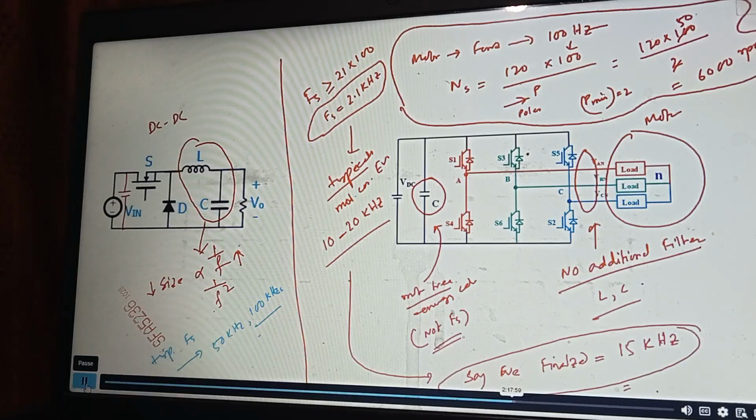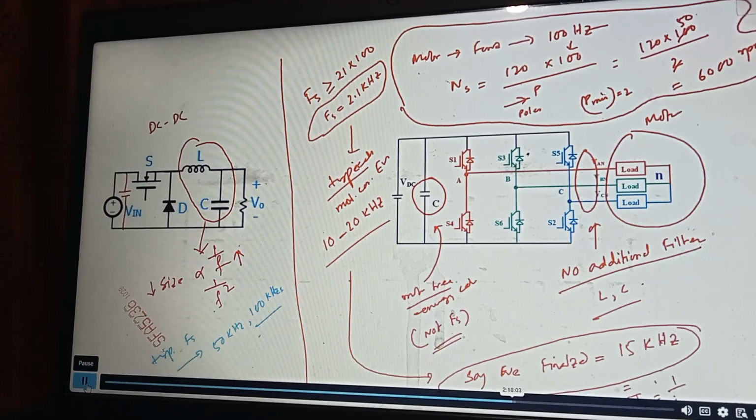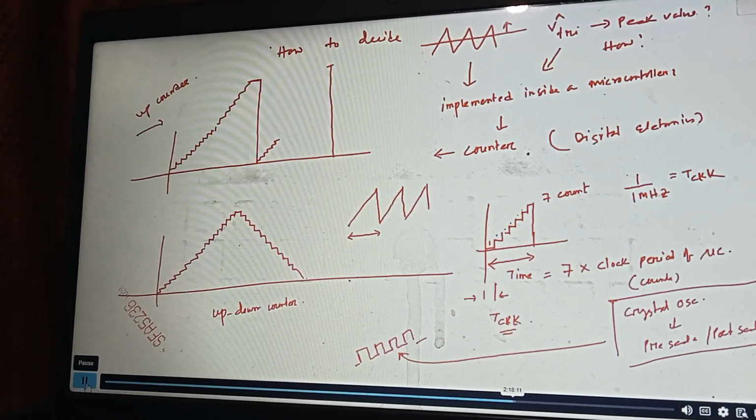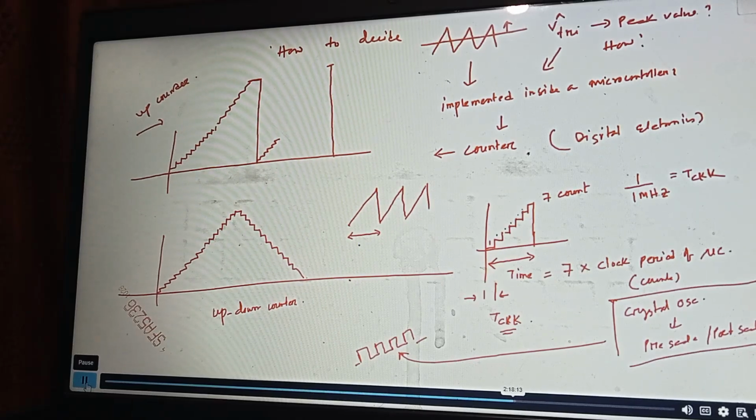That means your TS is going to be 1 by 15,000 second. So what is your time period for the carrier signal? 1 by 15,000. This got fixed because the carrier frequency gets fixed, right?